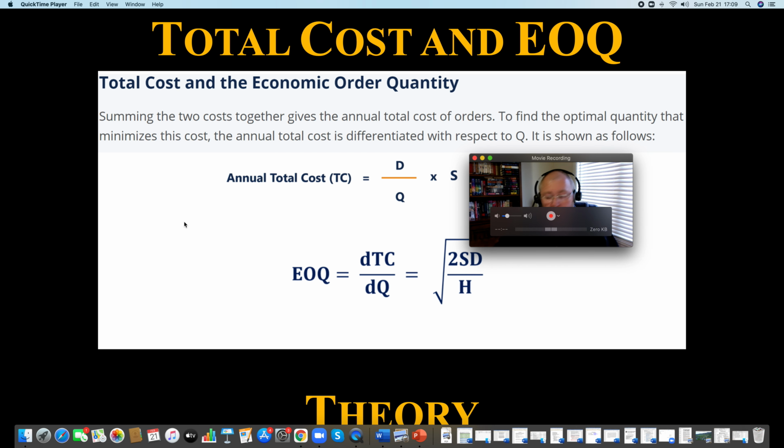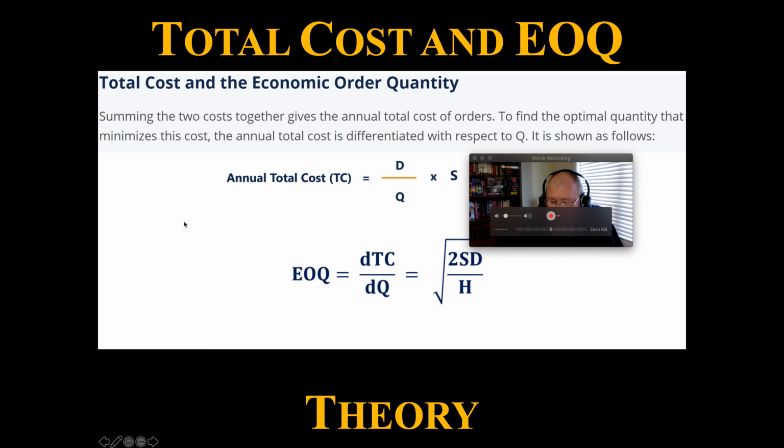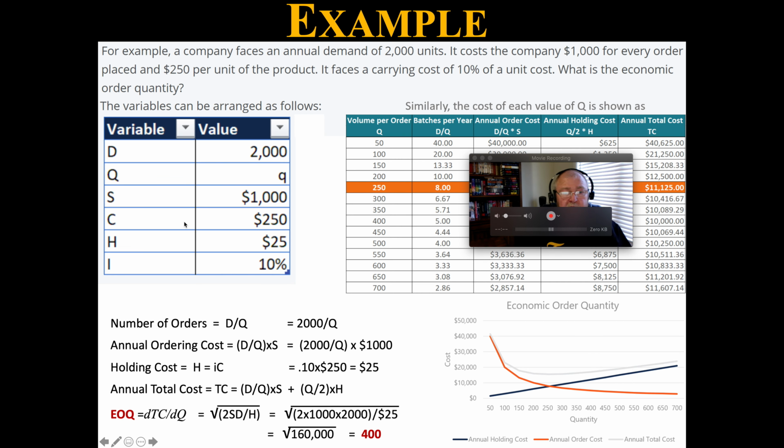The unit cost is $250. The holding cost is I as a decimal, I times C, or 10%, 0.10 times 250, $25.